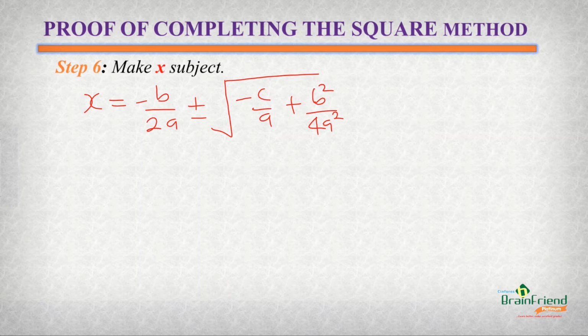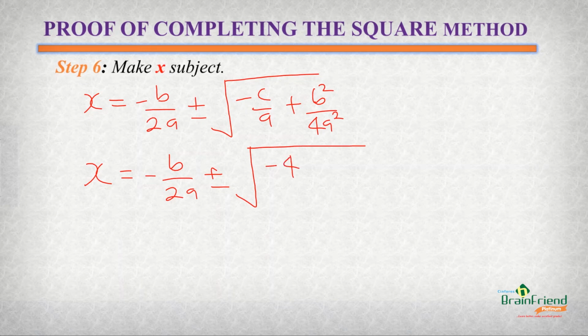And then we solve through and discover that x is equal to minus b over 2a plus or minus square root of minus 4ac plus b squared all over 4a squared.